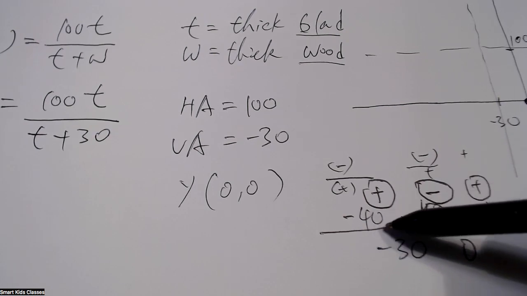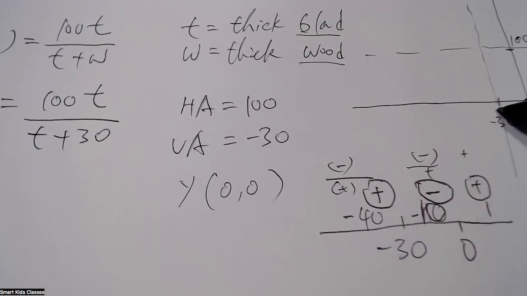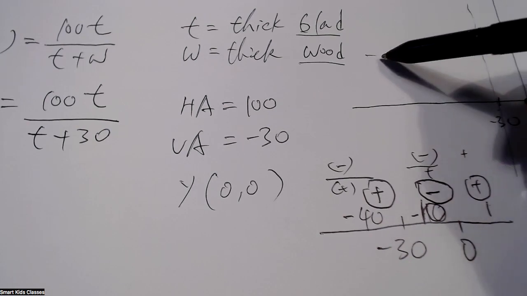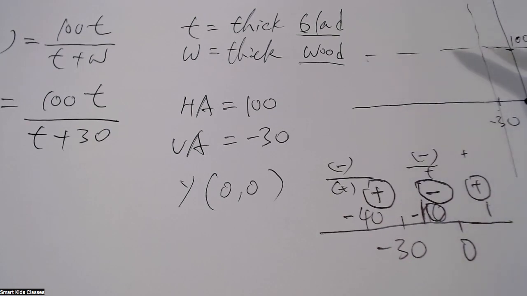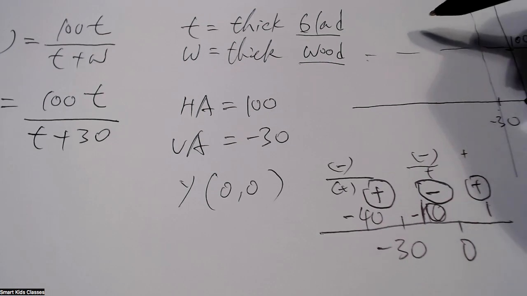Therefore, from negative 30 and below, this portion is positive, and from negative 30 to 0 is negative. So we're going to plot the line. Positive, we put here.